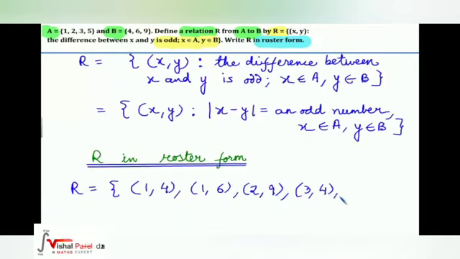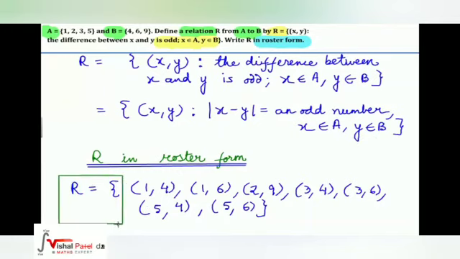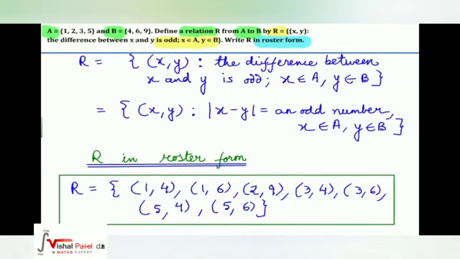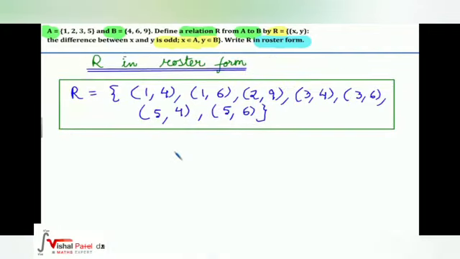Same 2 9, 3 4, 3 6, 5 3 9 is not possible, 5 4 and 5 6, 5 9 is also not possible. सो जिन सबका डिफरेंस ऑड होता है वो सब हमारे रिलेशन है. So here relation in roster form is equal to (1, 4), (1, 6), (2, 9), (3, 4), (3, 6), (5, 4) and (5, 6) are possible relations.